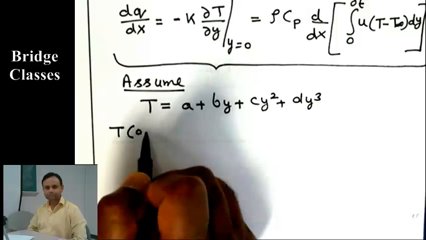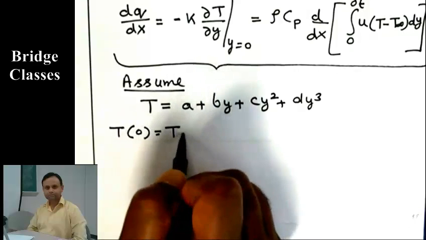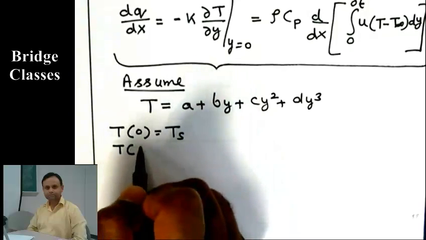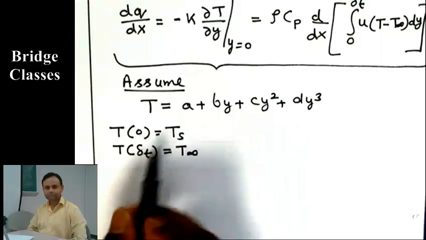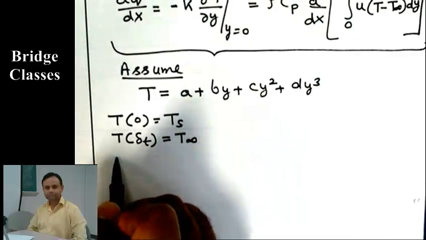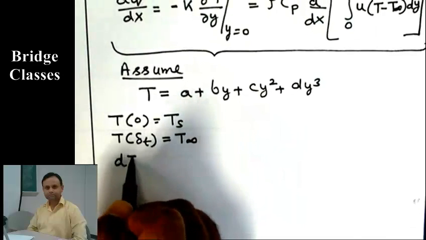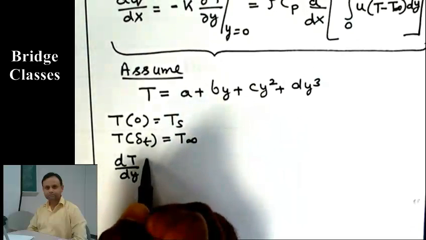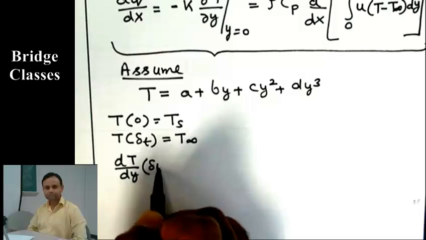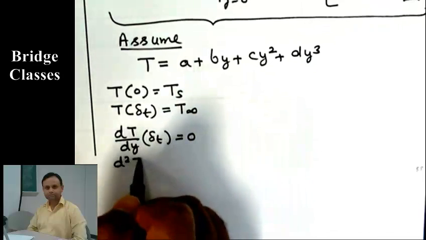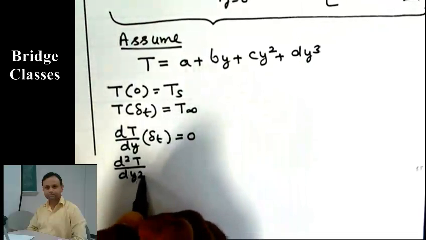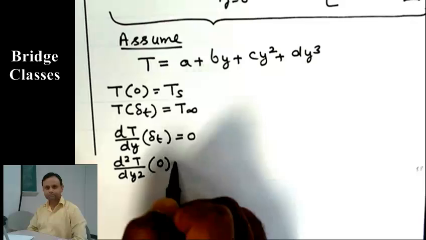Temperature at y equals 0 is Ts, temperature at y equals delta T is T infinity, the temperature gradient dT/dy at y equals delta T is 0, and d squared T over dy squared at y equals 0 is 0.